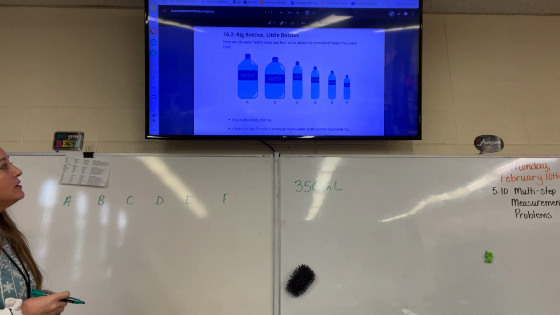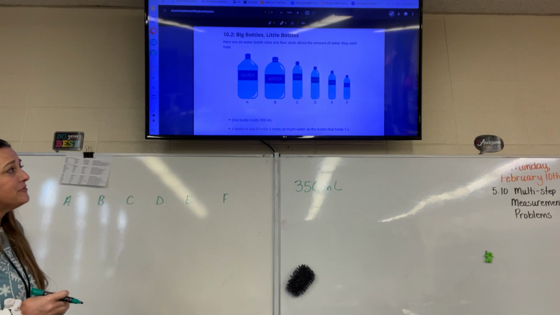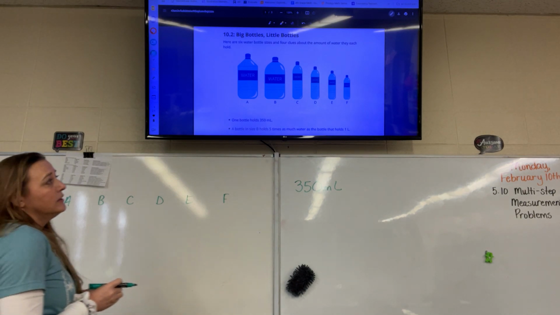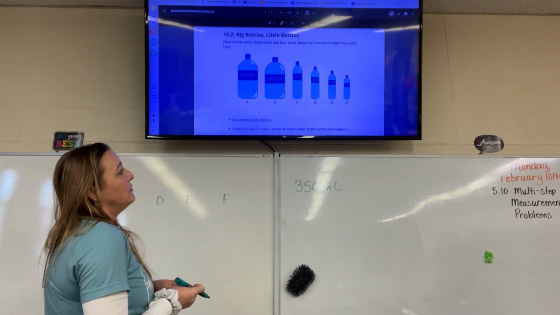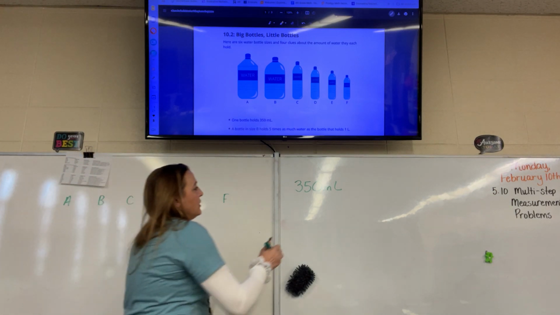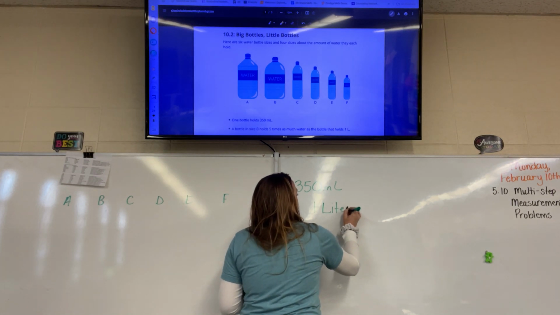It says a bottle in size B holds 5 times as much water as the bottle that holds 1 liter. So that means we've got one bottle that holds 1 liter.